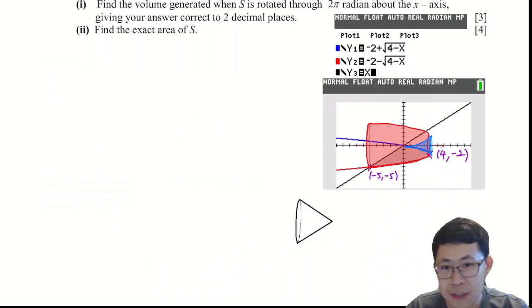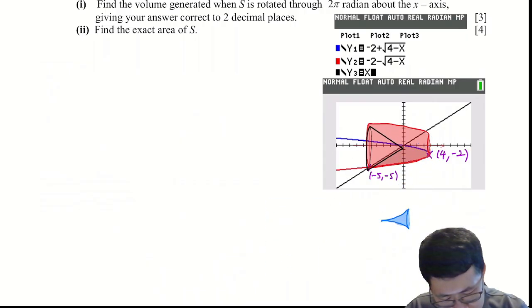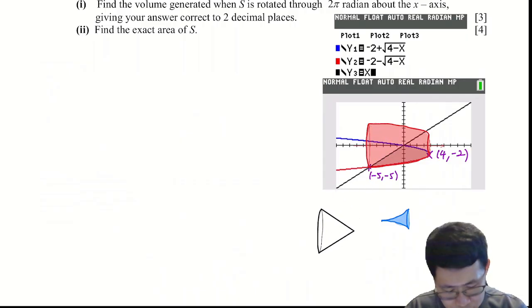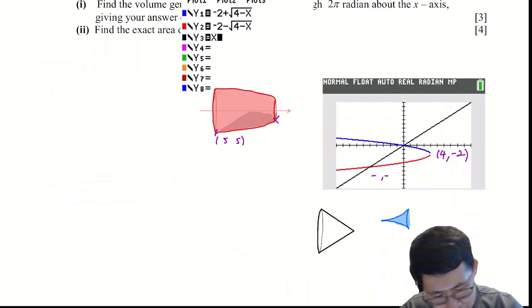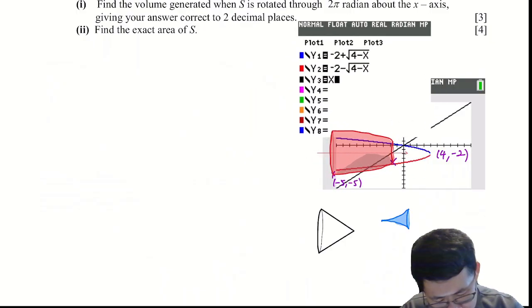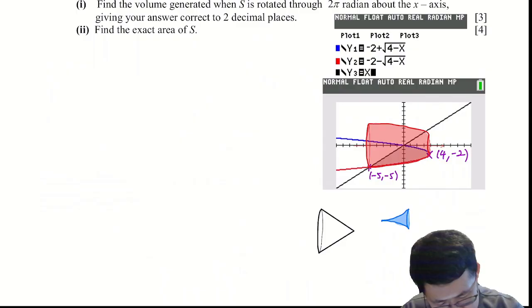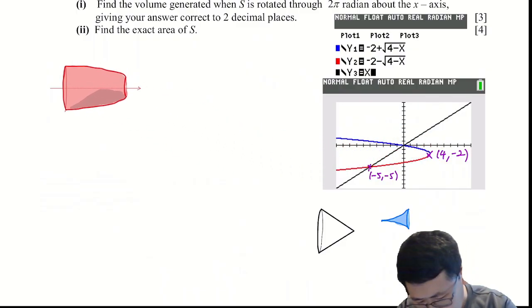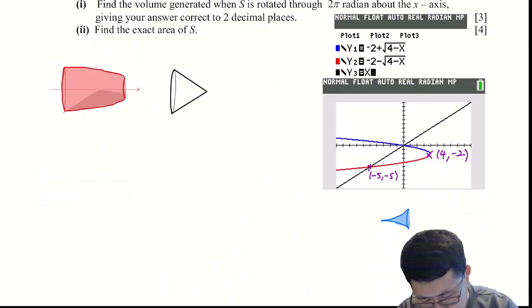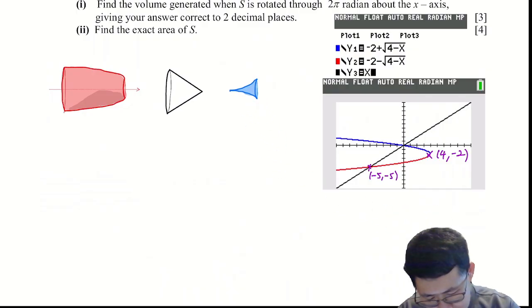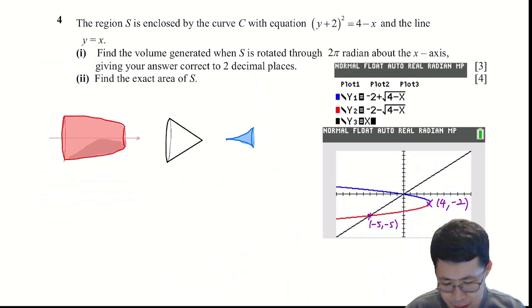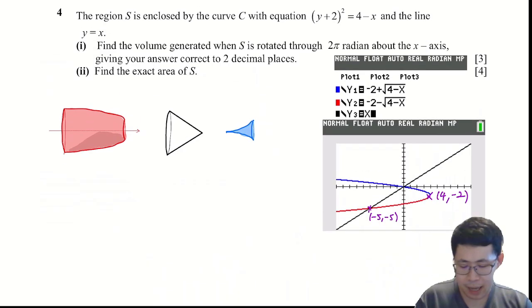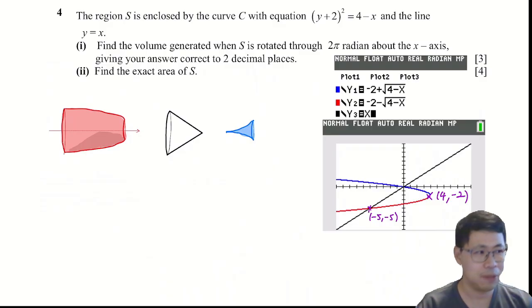So this one over here is a hollow part, and this one over here is another hollow part with the cone. So hopefully you can see that the volume is made of these few things. It will be this one minus away the cone minus away this part over here. So this will be our volume generated when S is rotated about 2 pi radian.